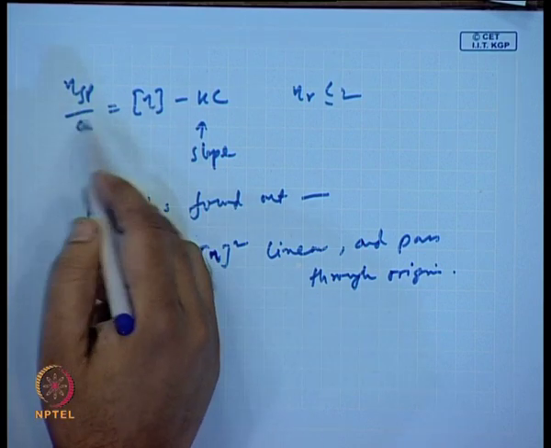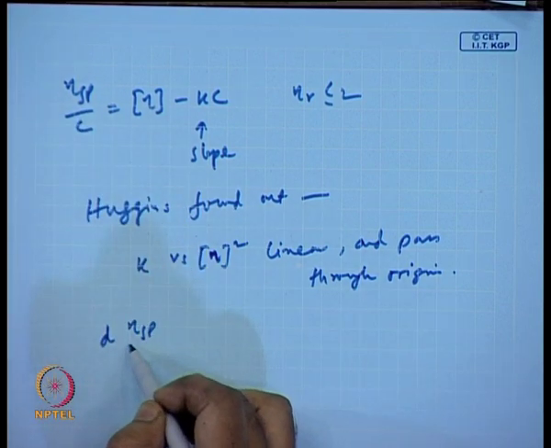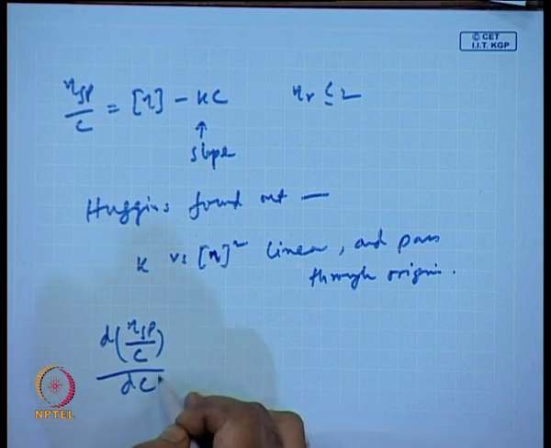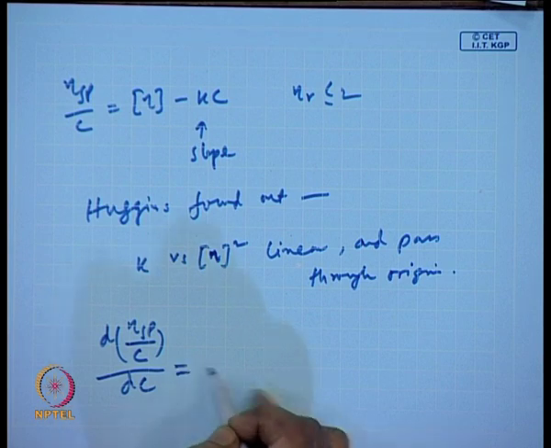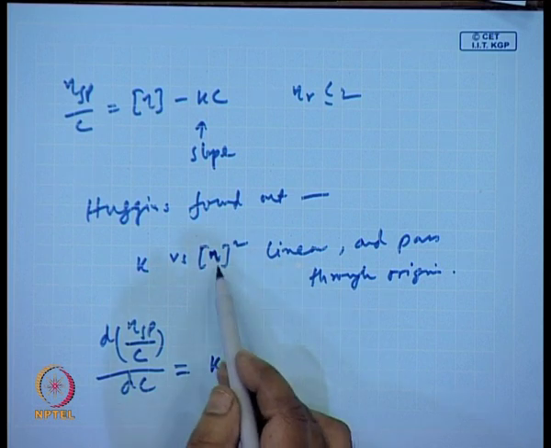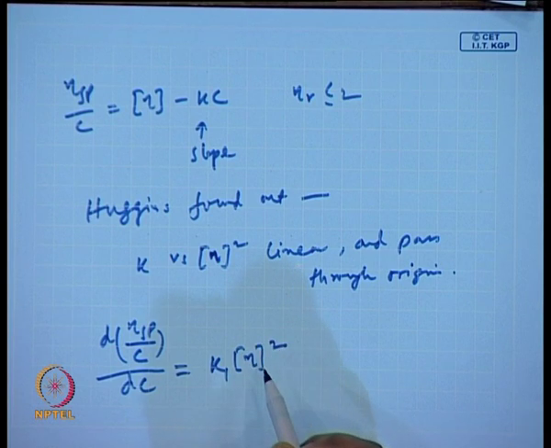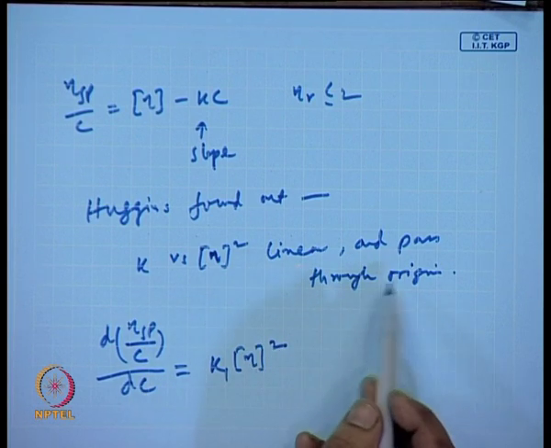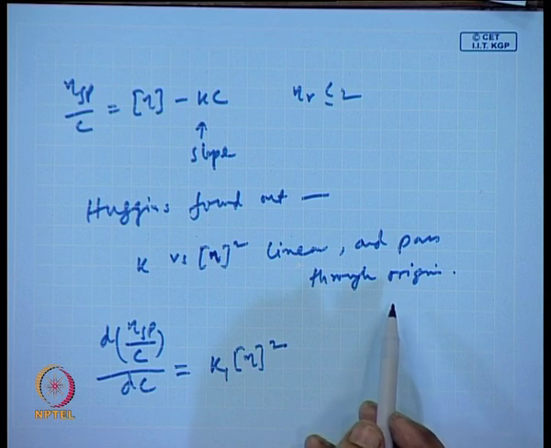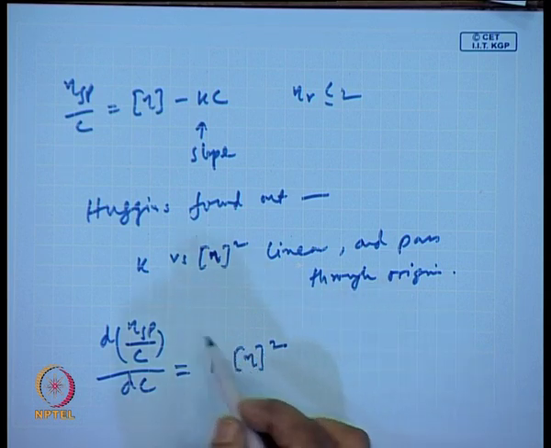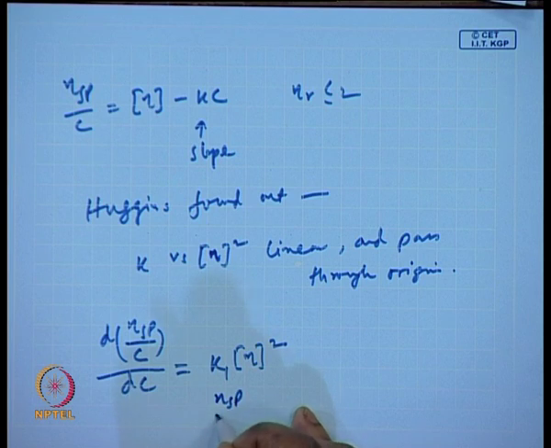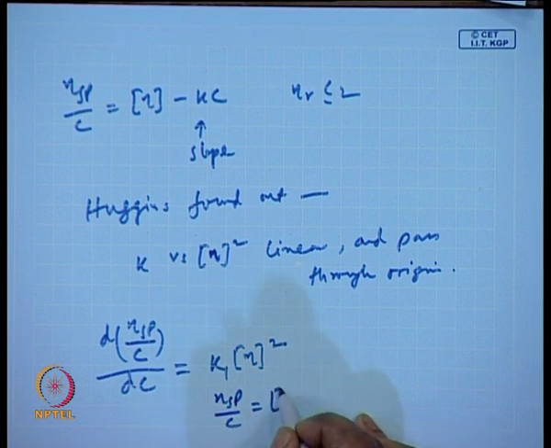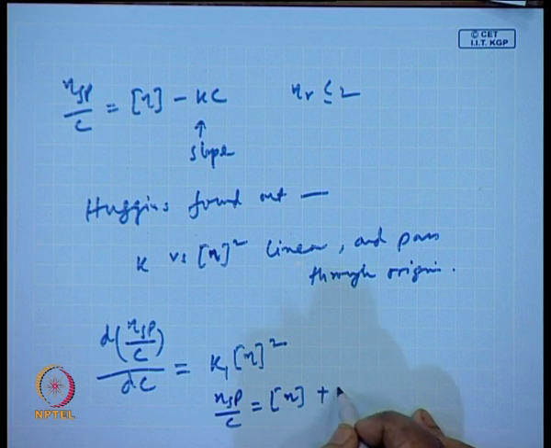So, we can write d(eta_sp by C) by dC, this is the slope K, that is proportional, linear. So, I can put another constant K1 and eta square, because there is no constant term, as it passes through the origin. Now, you integrate this, and you get eta_sp by C is equal to eta plus K1 eta square C.